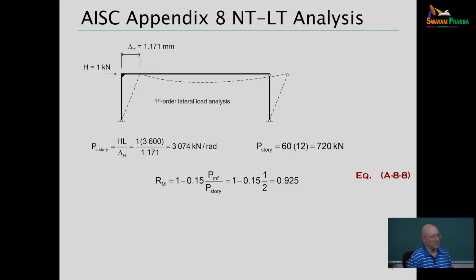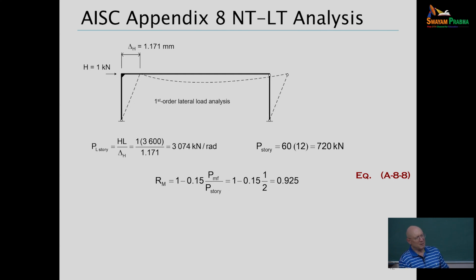All right, with the procedures with the P large delta with side sway that we've just been walking through, we need the R sub M. And for this frame, there is generally an overturning effect that you get if you have a lateral load on a system like this. It changes your column axial forces a bit.